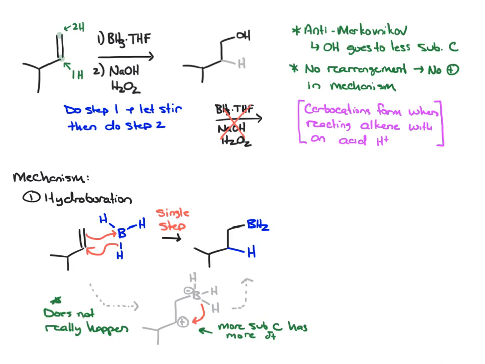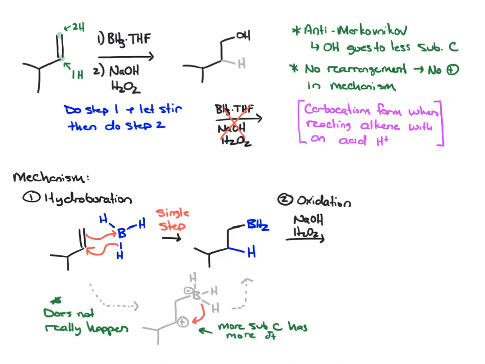From there, now we do the oxidation step, where we add NaOH, H2O2, and what happens in this is a fairly complex pattern of mechanisms that, right now we're getting started on mechanisms, so I don't want to overwhelm you.